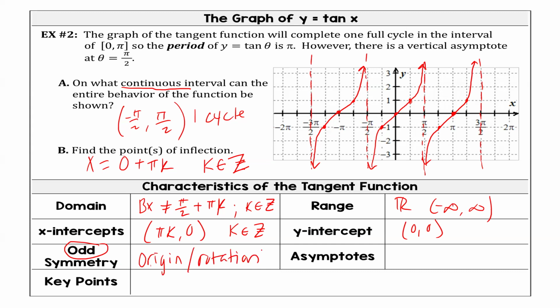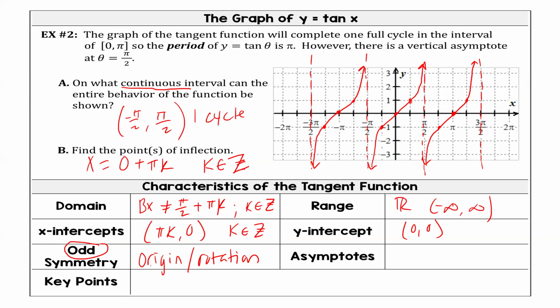Meaning, if I rotate my graph 180 degrees, the image is still the same. If you don't believe me, turn your paper upside down. Parabolas are even functions with y-axis symmetry.